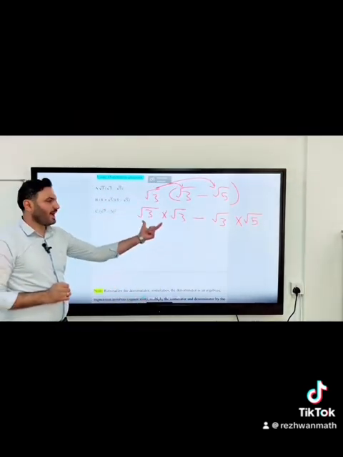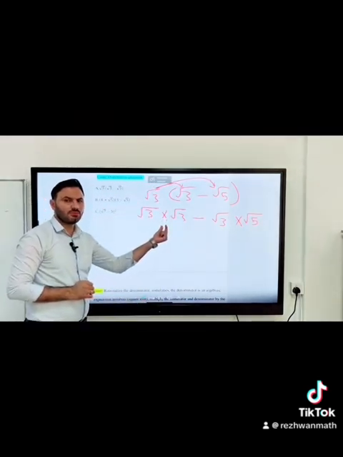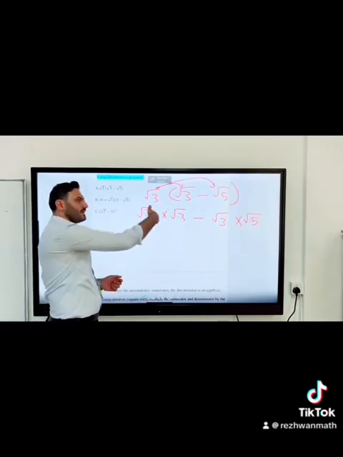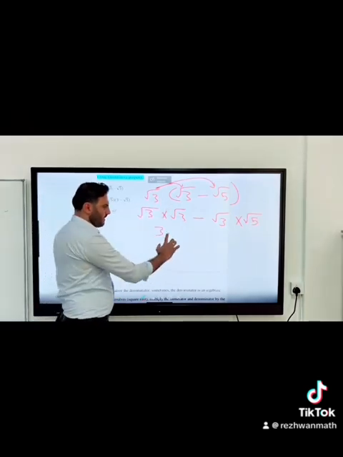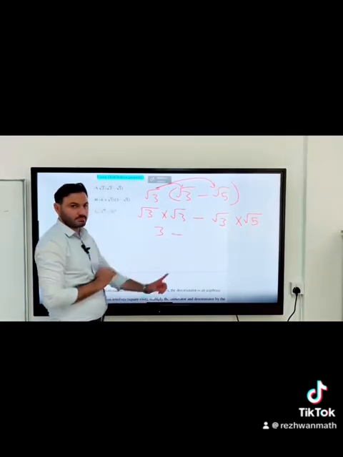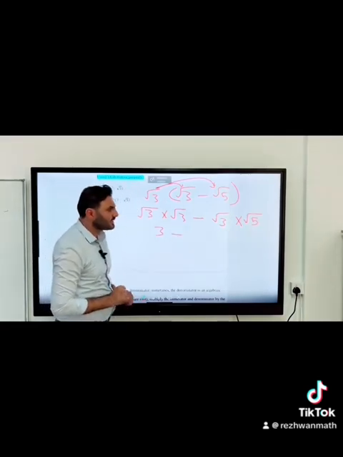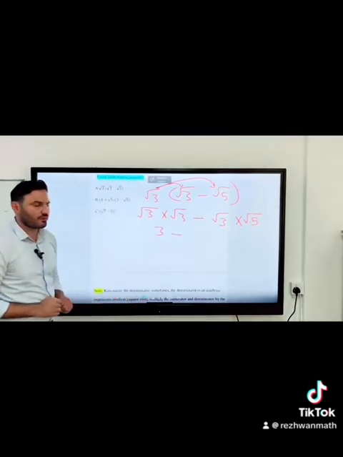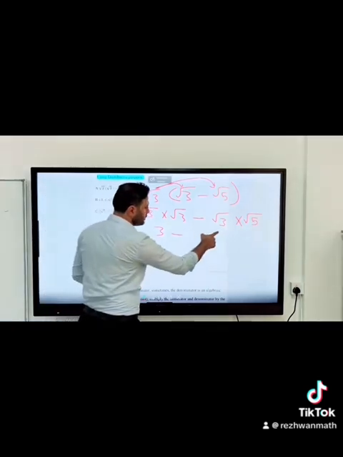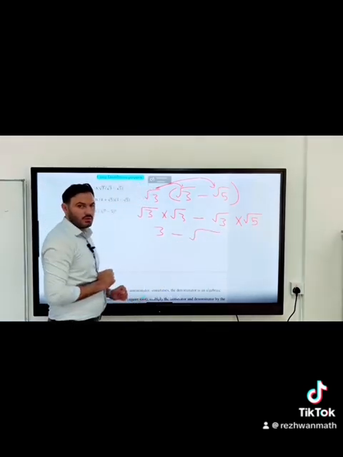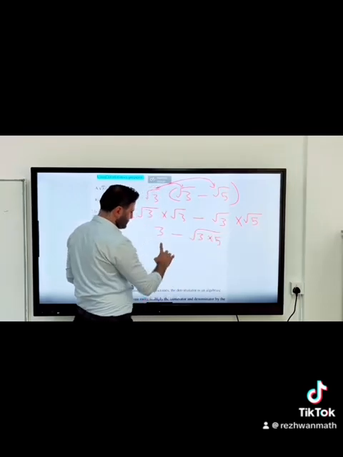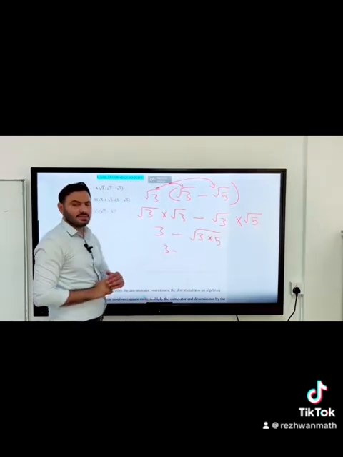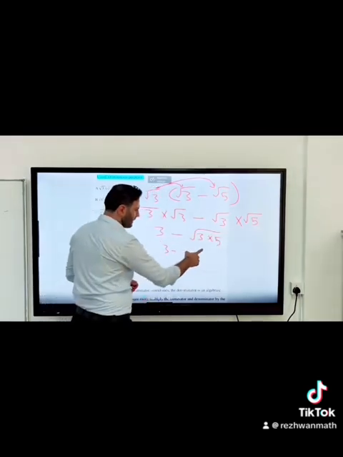We said if we have the same square root and the sign between them is multiplication, we directly cancel the square root, so we get 3 minus square root 3 times square root 5. Now we have to join them into one square root. We get 3 times 5, so 3 minus square root of 3 times 5, which is 15.